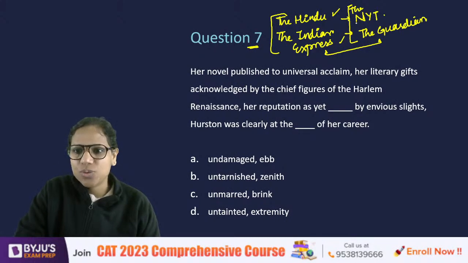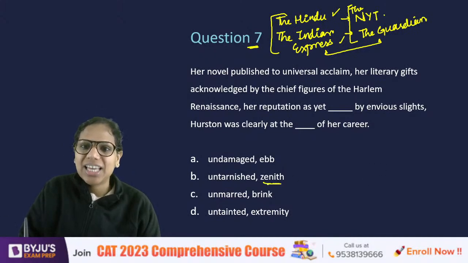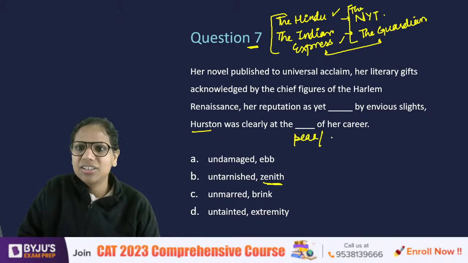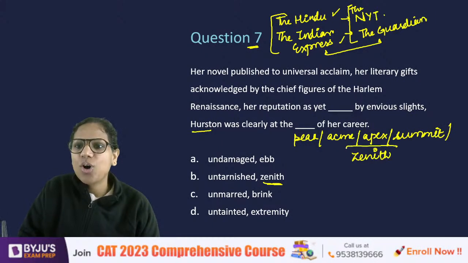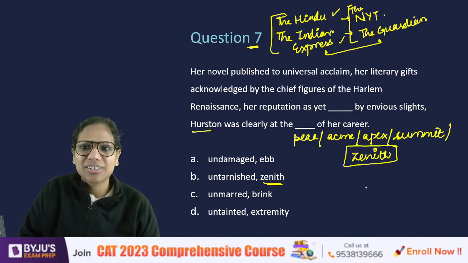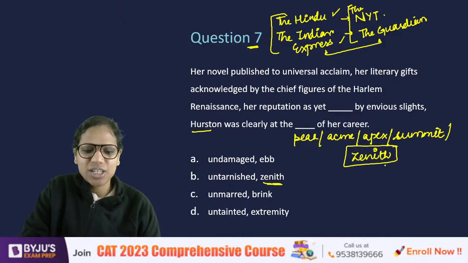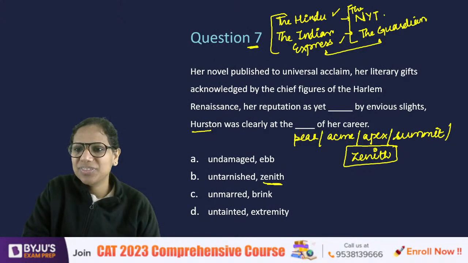B, Bangalore is what you are saying. Zenith, absolutely. She was clearly at the peak of her career, at the acme, at the apex, summit, zenith of her career. Okay, the opposite of zenith, who will tell me the antonym of this word?